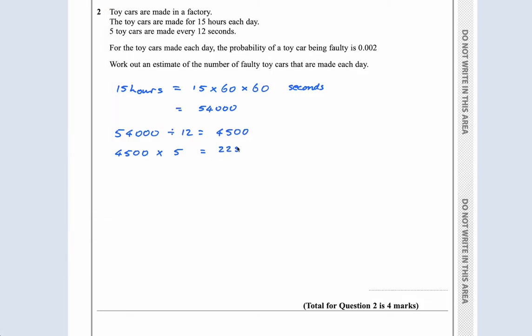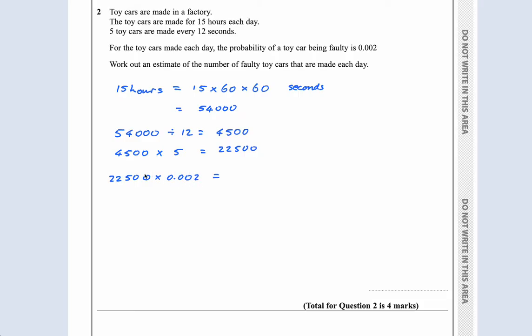Okay, 22,500. So there's 22,500 toy cars made every day. And it says the probability of one of them being faulty is 0.002. So I need to multiply this by 0.002 because it's like this proportion of them are faulty.